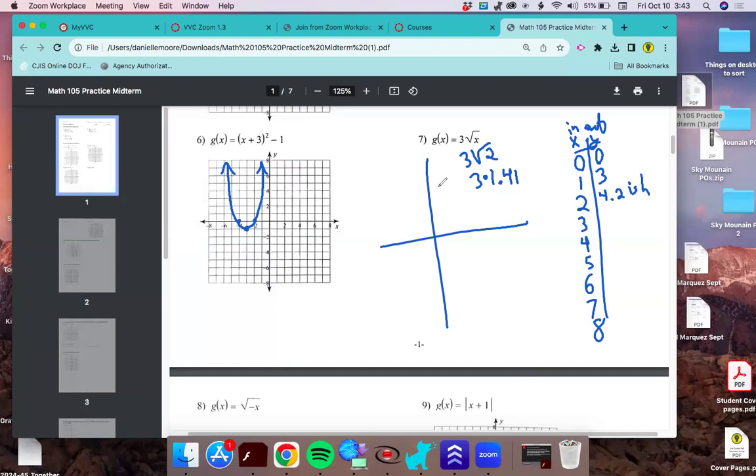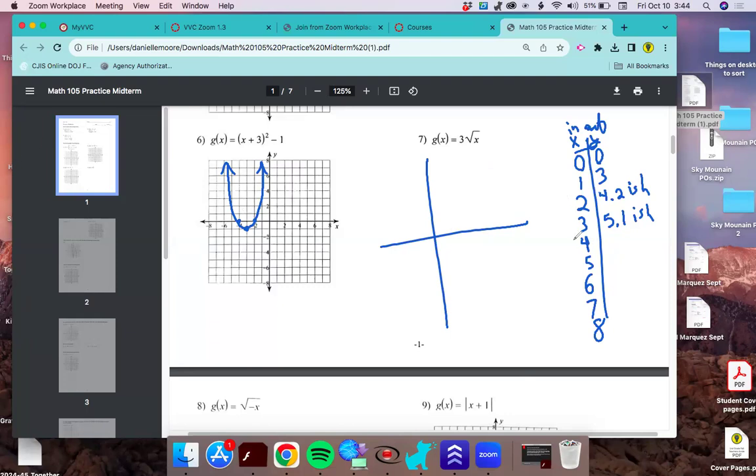Ugly. Same thing with the square root of 3. I think that's 1.7 or something like that. So 3 times 1.7 would be around 5.1, 5.2. Okay, those are ugly. You don't have to know that stuff. I would use a calculator, and you'll get more accurate than my weird estimates. And then from there, we'll do a few others.